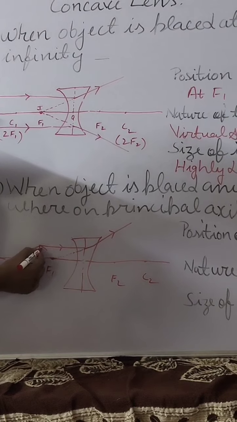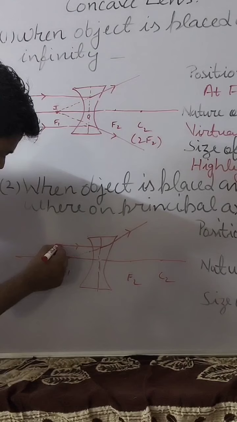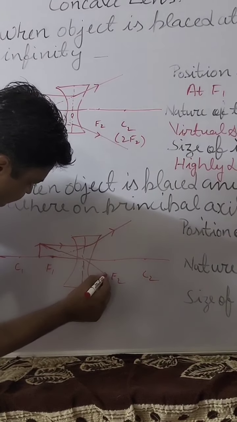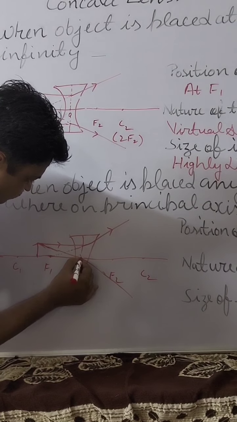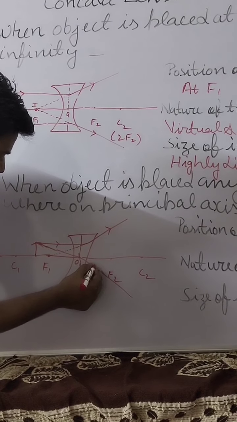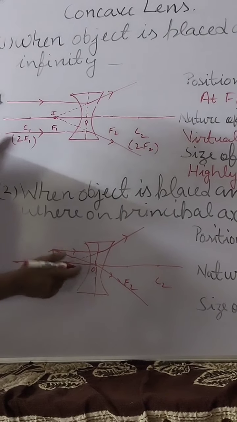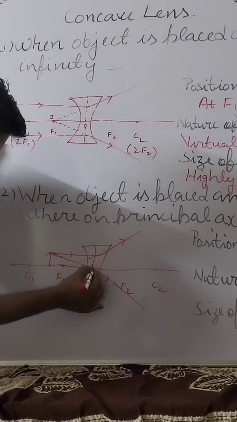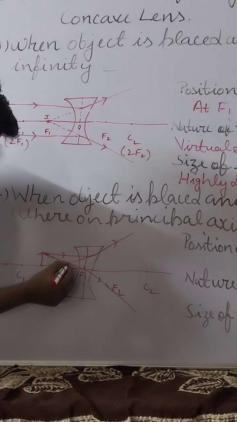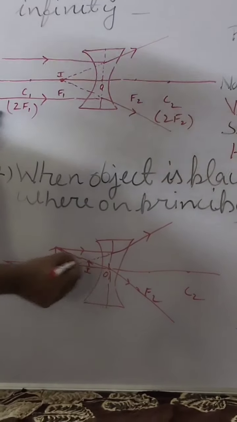According to the rule, when the incident as well as the refracted ray move through the optical center, they move undeviated, student, undeviated. Here they are meeting with each other, so the image will be formed here. This is the image here.